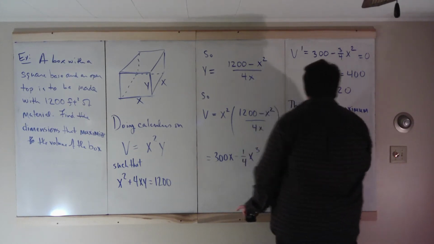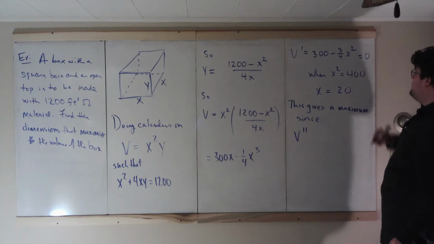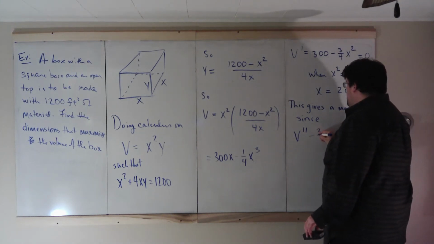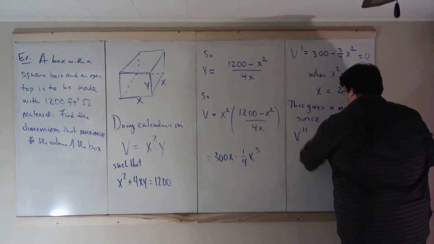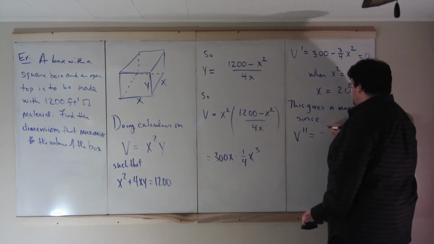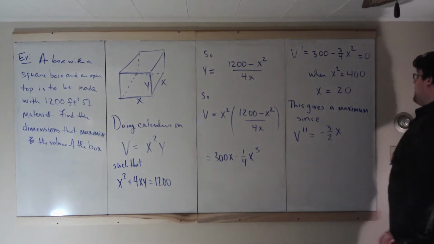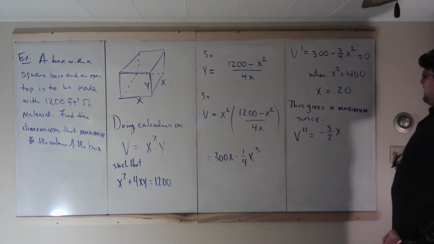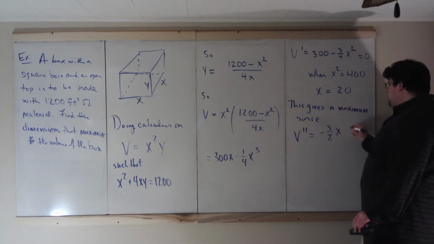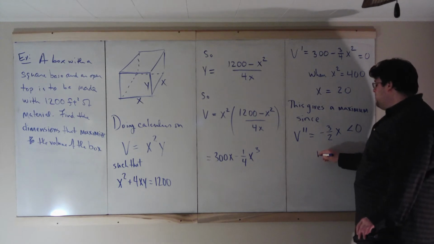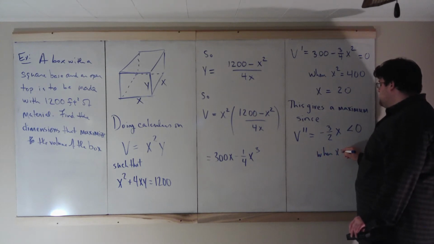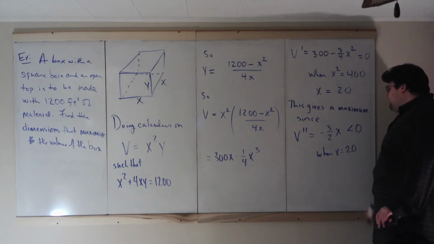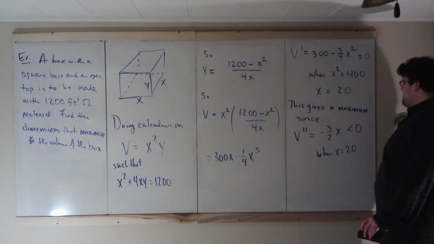v prime prime. What is the second derivative here? Well, it's -3 halves x. And -3 halves x is less than 0 when x equals 20. Now, why does that tell us it gives us a maximum?